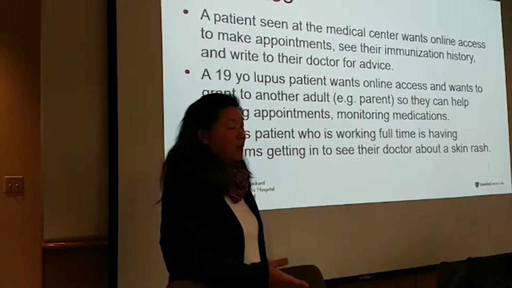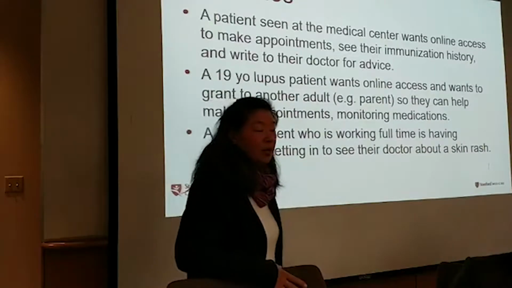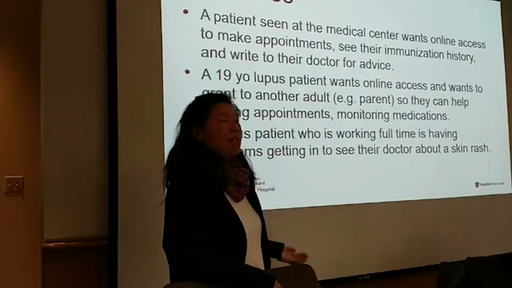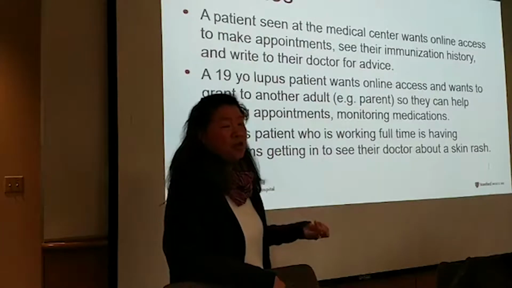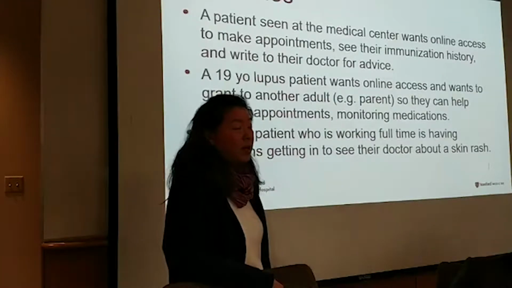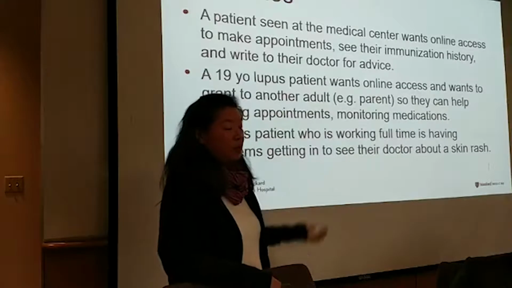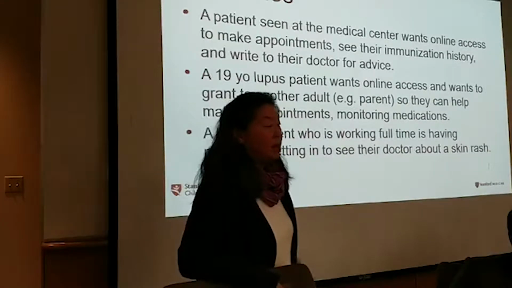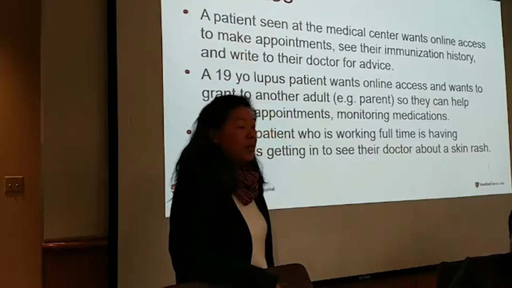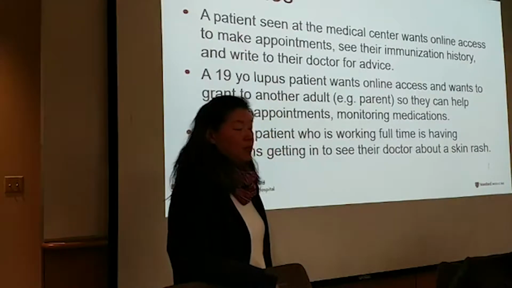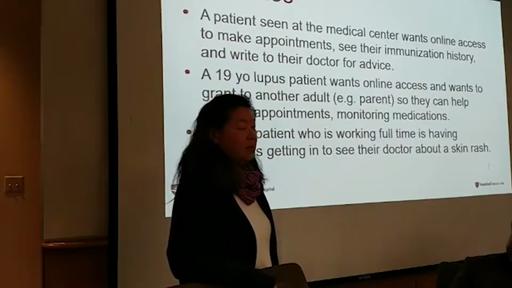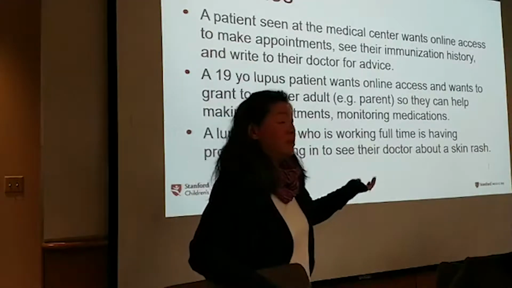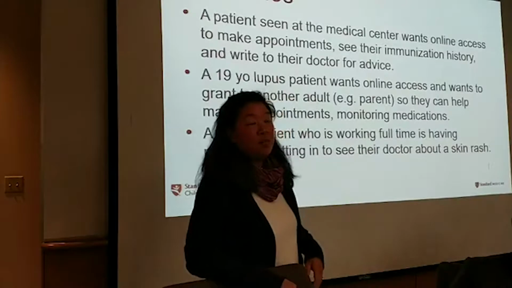We have a patient seen at a local medical center who wants access to be able to make appointments more easily than having to stay on the phone for 30 minutes waiting for the scheduler to come on, where you miss the call and they miss the call and telephone tag happens. They want to see some of their medical records, and you have a 19-year-old lupus patient who wants online access, and their parents or another guardian want information as well.